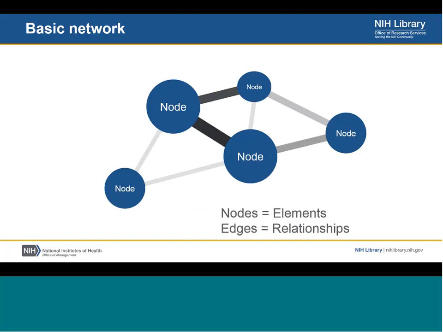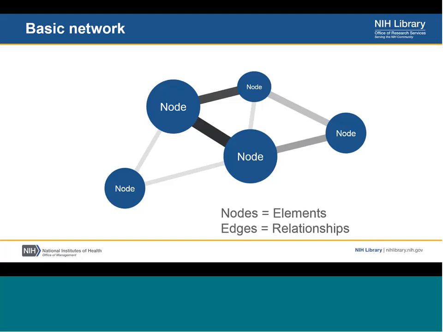So when we're actually going to look at a network, this is what a visualization of a network might look like. Nodes, again, are these elements of the network. Typically they're represented by circles. Sometimes they could also be squares or other types of things, but typically they're represented as circles. And then the edges, or those relationships between them, are usually represented by lines connecting them.